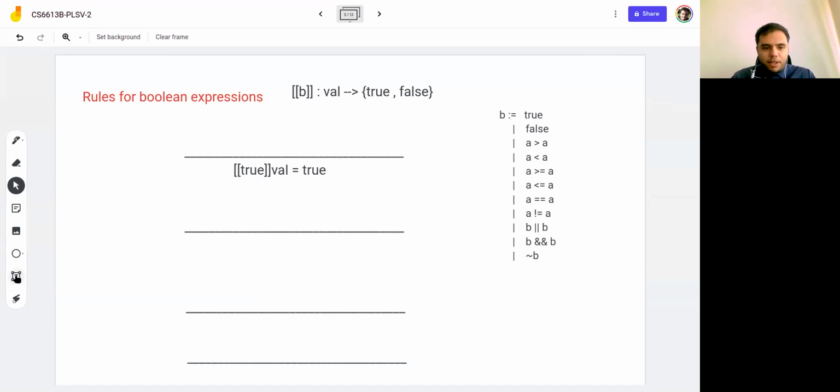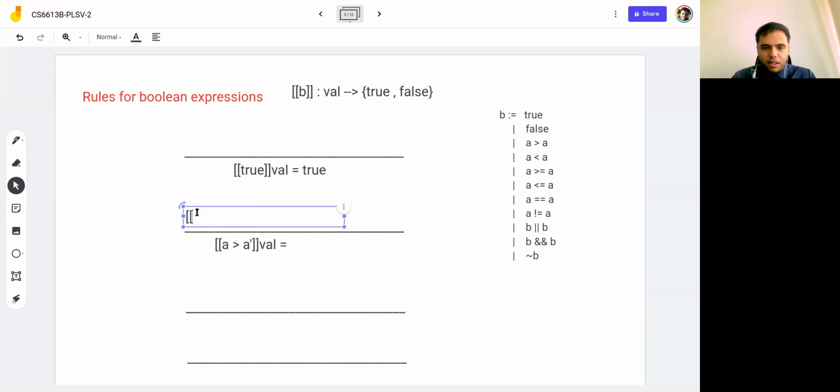So now let's try the meaning of A greater than A prime. A and A prime are both arithmetic expressions. So we can do this with a basic side condition.